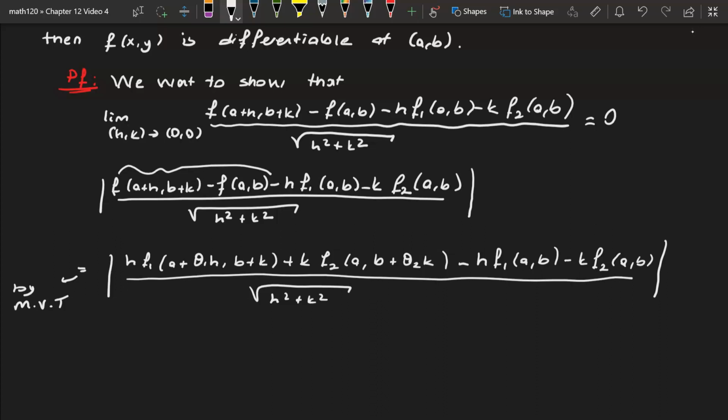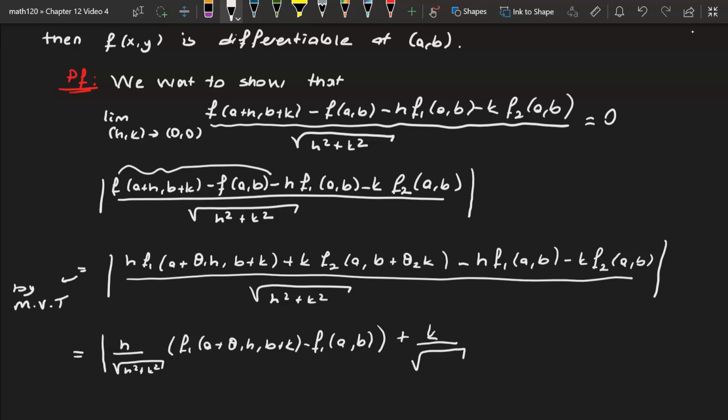And here we have h over square root of h square plus k square, in parenthesis f1 of a plus delta 1 h, b plus k, minus f1 ab, plus k over square root of h square plus k square times f2 of a, b plus delta 2 k, minus f2 ab.